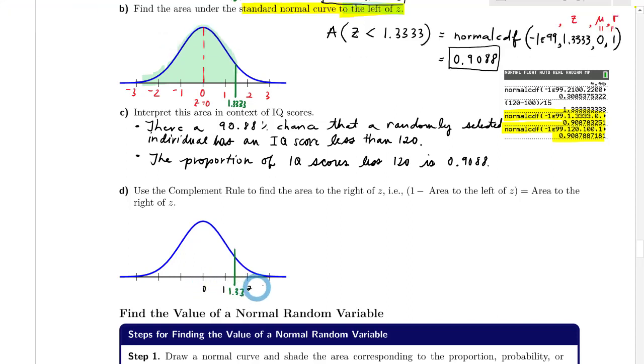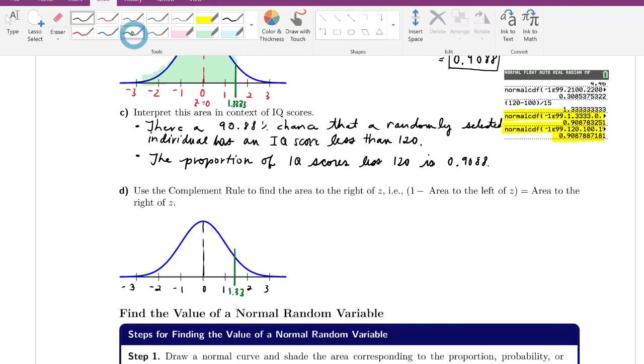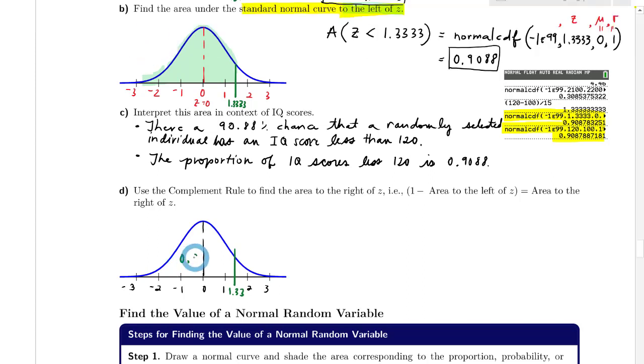Here's the barrier. And so the complement says, well, if you found the area to the left to be 0.9088, what's left over to be this area on the right?